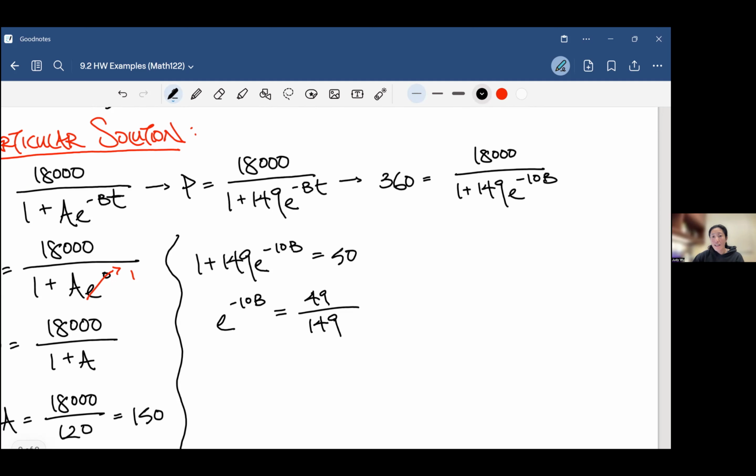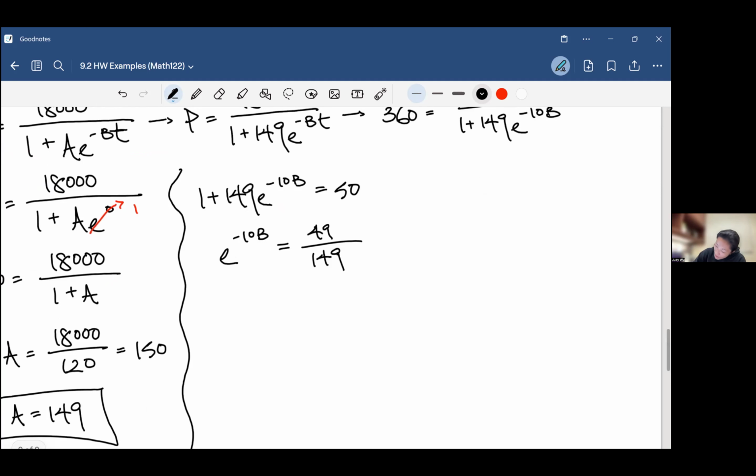And just like I did in the last video, I'm going to leave this as a fraction and turn everything into a decimal at the end so I don't get something wrong because I rounded too early. Okay? I've got a natural log on both sides. This is going to help me get rid of the e on the left-hand side. And so natural log and e cancel.